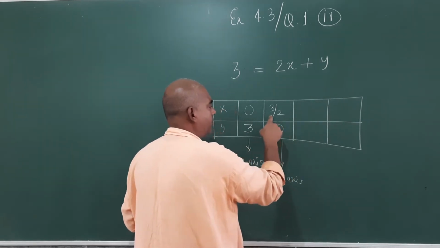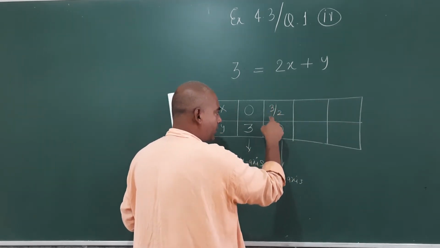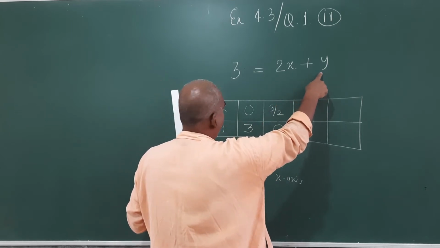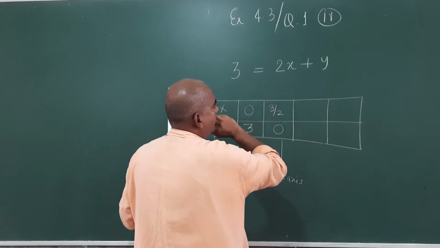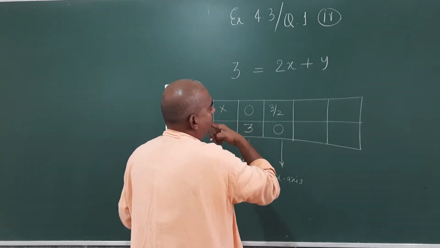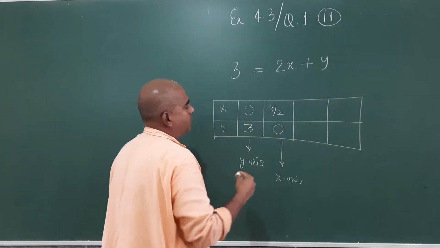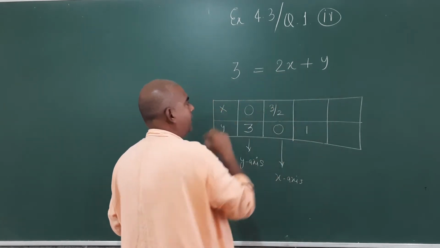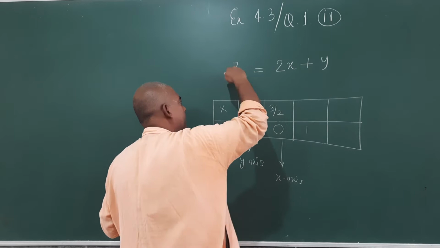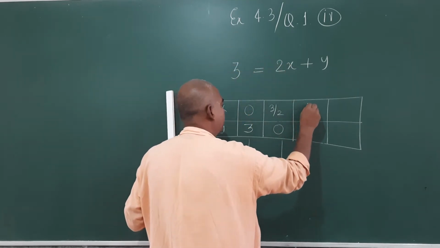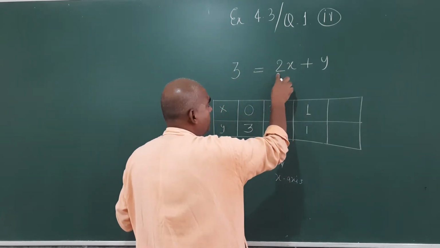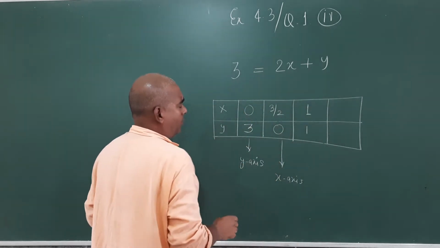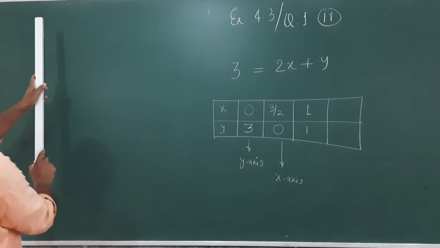Suppose you take x equal to 1, then y is 3 minus 2, which is 1. Means x equal to 1, 2 into 1, 2 plus 1, that will be 3. Okay, so it's very easy now.